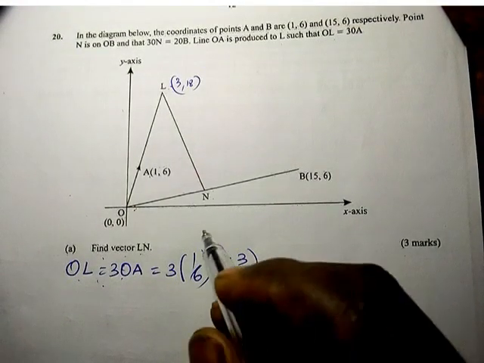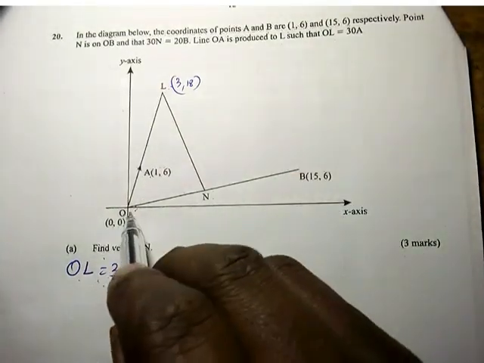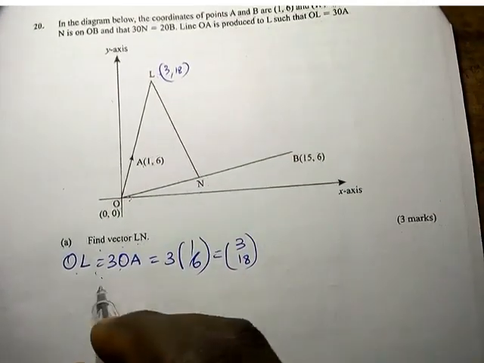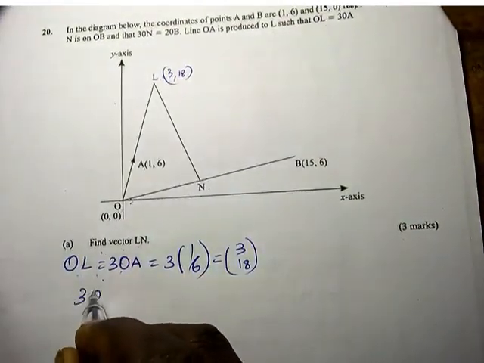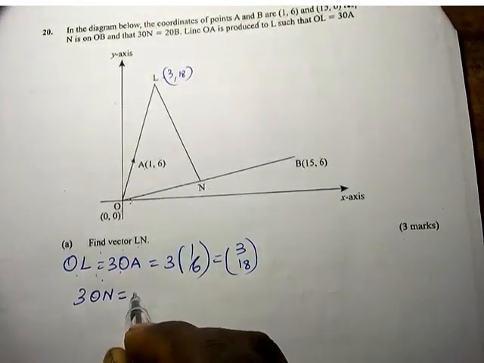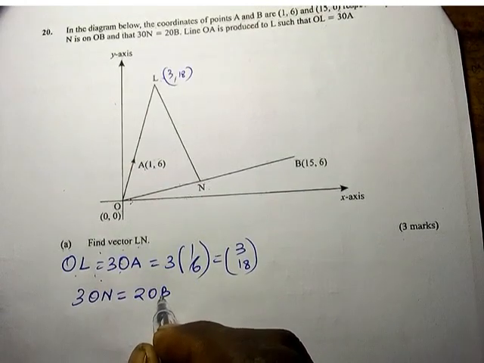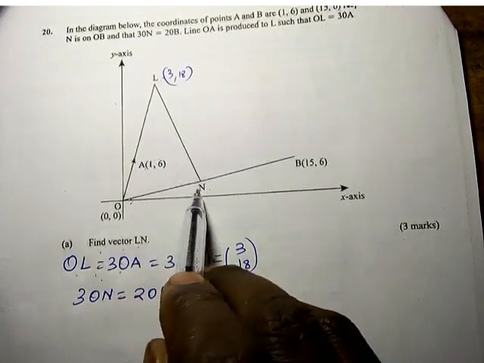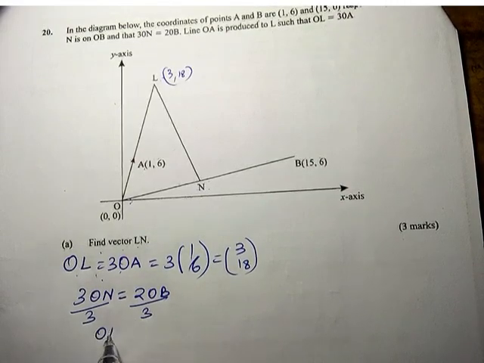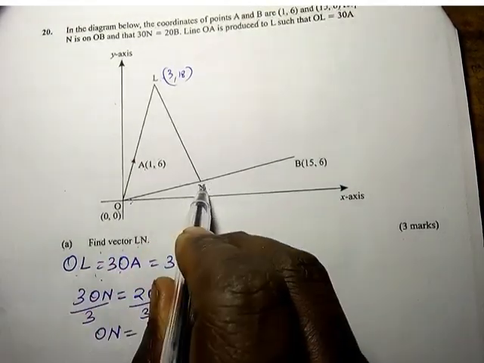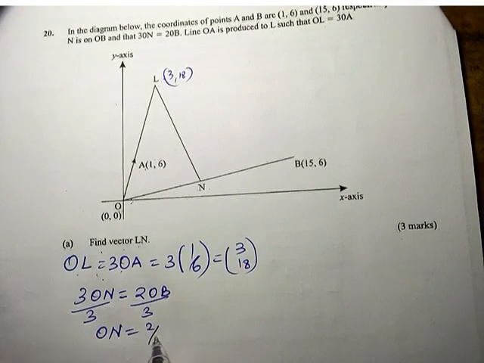And then we are told that 3ON is equal to 2OB. So meaning ON, we divide by 3, so ON is equal to 2 over 3 OB.